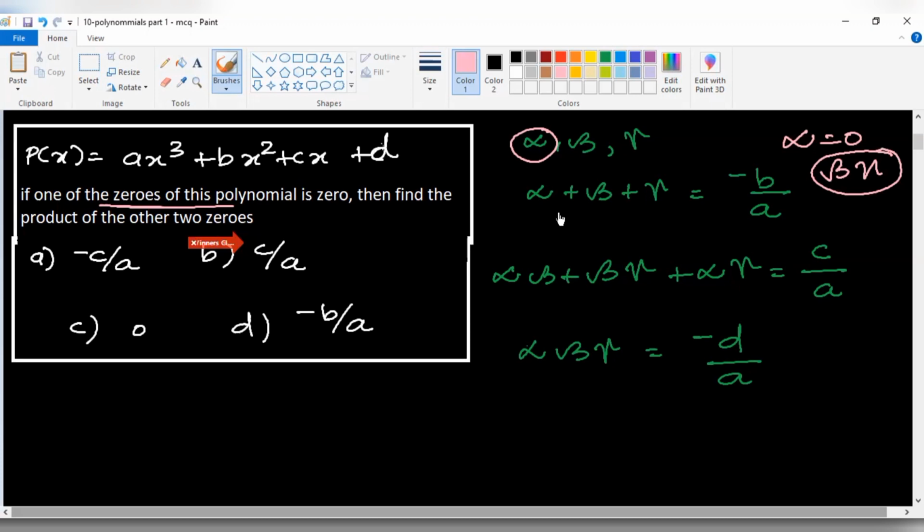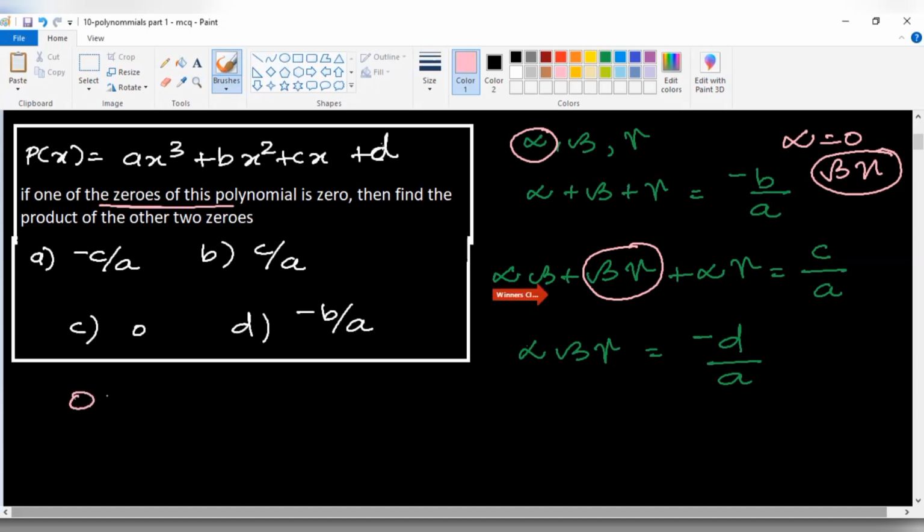And we know the relation between these 3 zeros: alpha plus beta plus gamma is -b by a, alpha beta plus beta gamma plus alpha gamma is c by a, and alpha beta gamma is -d by a. So from where will we get this beta into gamma? From this identity we will get beta into gamma. Here we have alpha beta, and alpha is given as 0, so this will become 0.